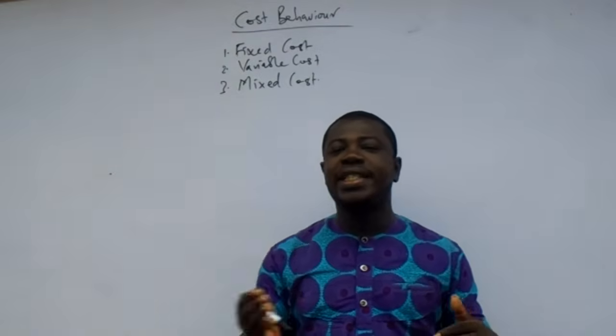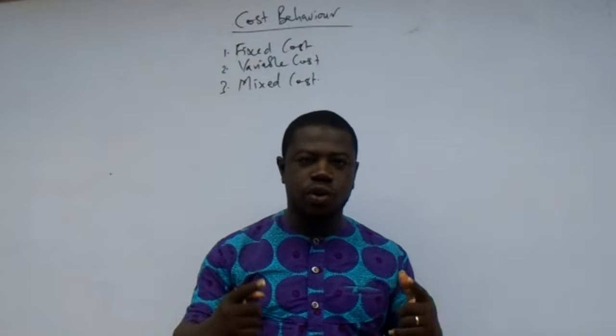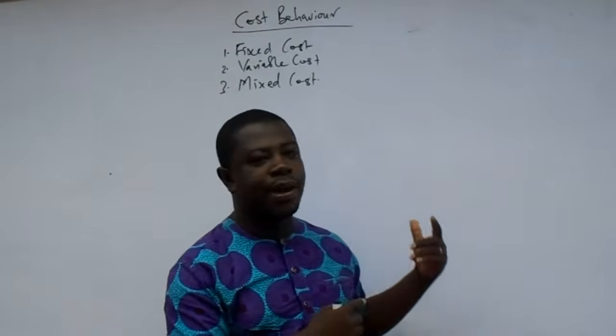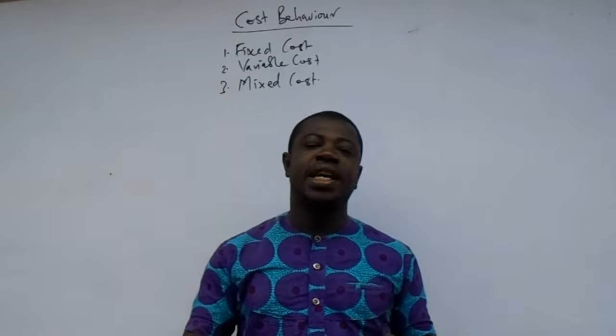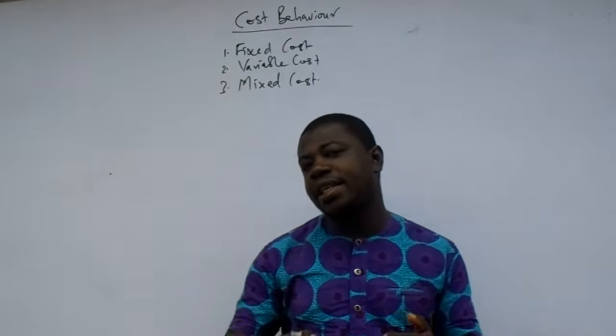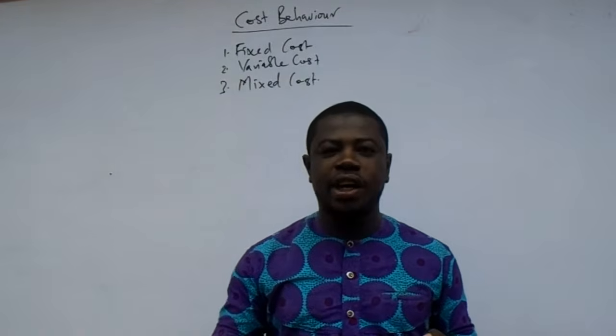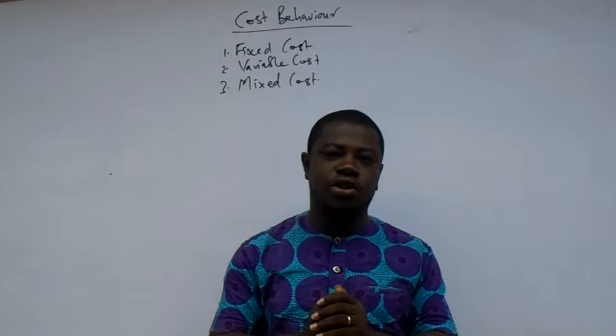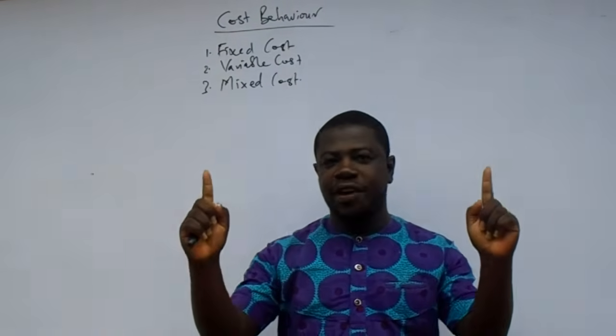When fixed costs exceed the relevant range, fixed costs can change. And so as we move forward, I'll come back and explain what I mean. So fixed cost is defined as costs that do not change or that remain unchanged regardless of the changes in output within a relevant range.